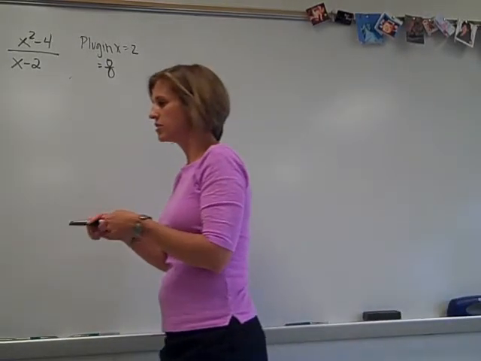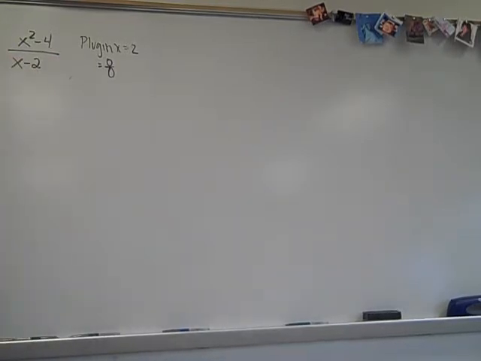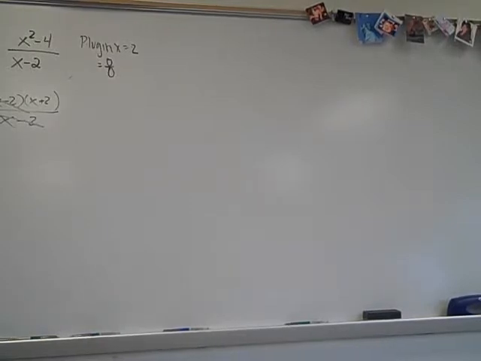So what you can do, instead of graphing it, is what we did before. We factored it, canceled out the common factor, and then plugged that into the factored version to find where the hole is. You actually don't have to graph it. You can just know this thing looks like x plus 2, but there's a hole at x equals 2.